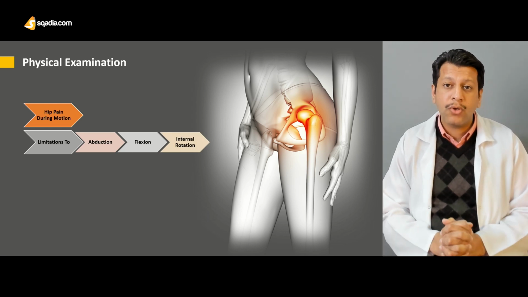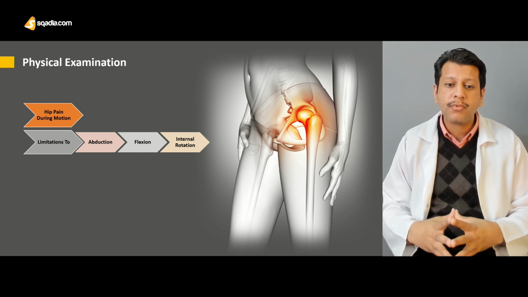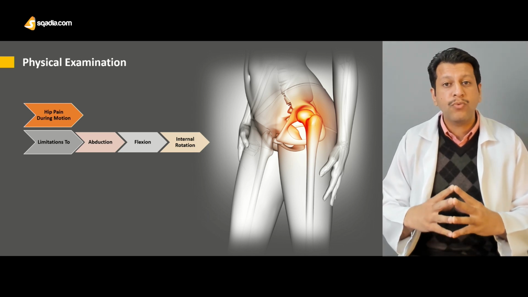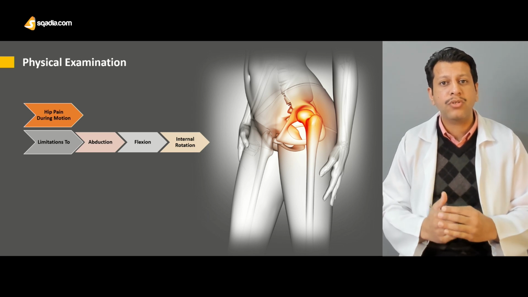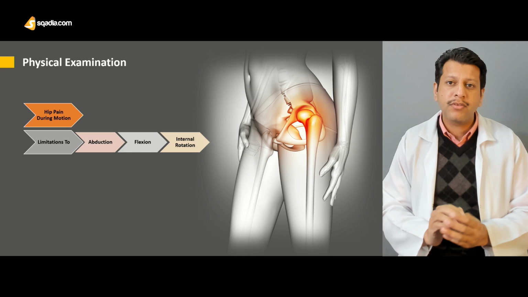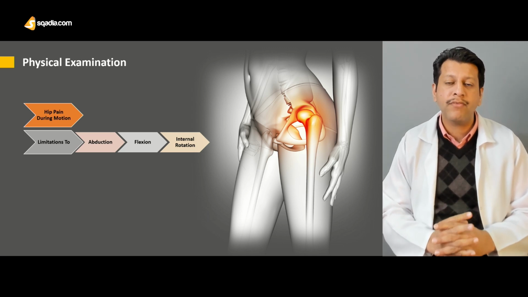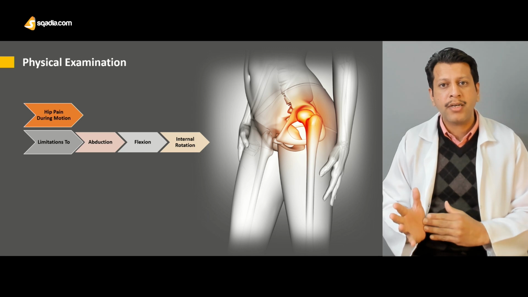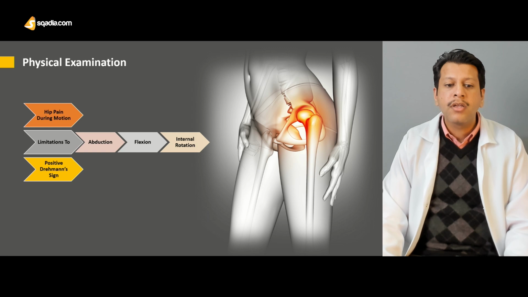Because usually there is internal rotation deficit along with flexion contracture, and there will be an adduction deficit as well. That hip would appear as if it's more abducted and externally rotated. Now we also have to check the Drummond sign.